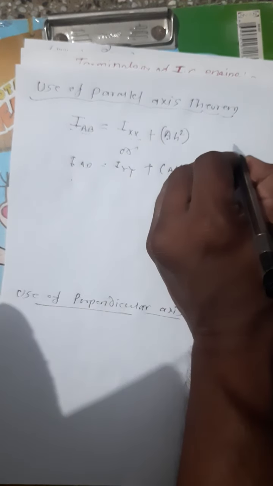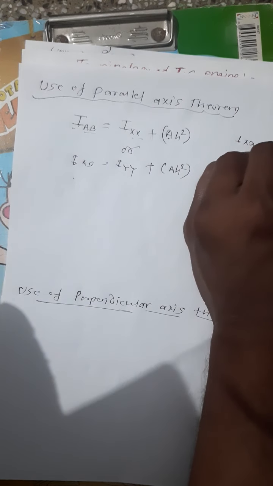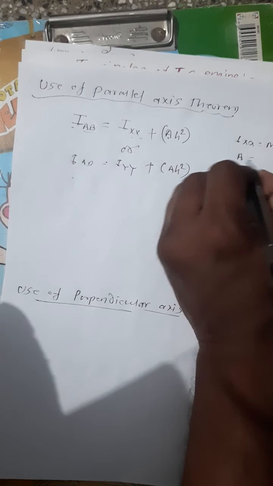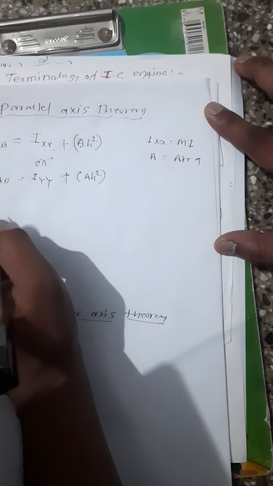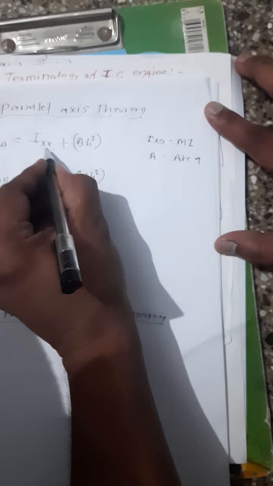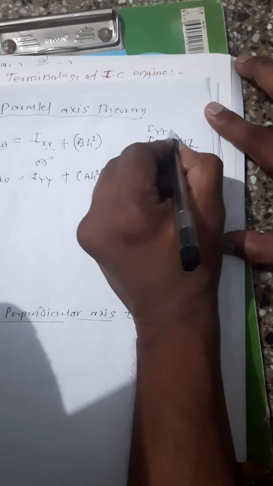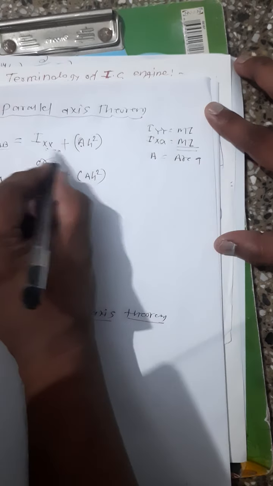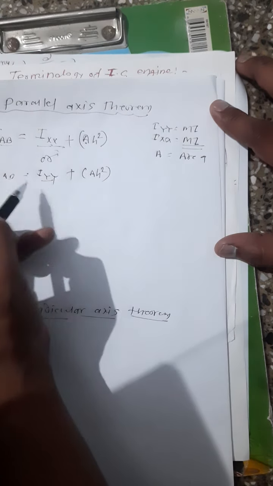So what is Ixx? Ixx means MI. What is A? A means area. What is Iyy? Iyy also means MI. So the body has two axes, xx and yy.